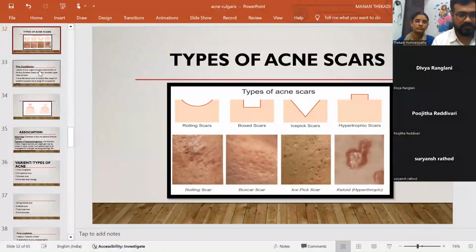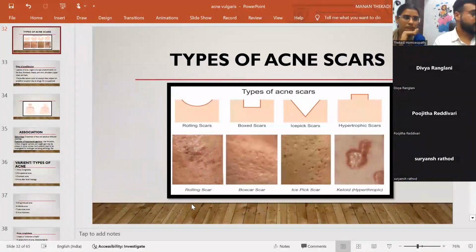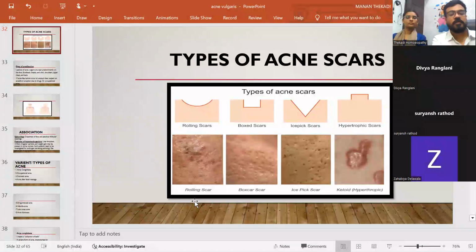So those are our wonderful remedies which respond well to such conditions. Which medicine is coming to your mind for keloidal acne? Calcarea fluorica, yes, Divya. One is Calcarea fluorica. Thiosinaminum.